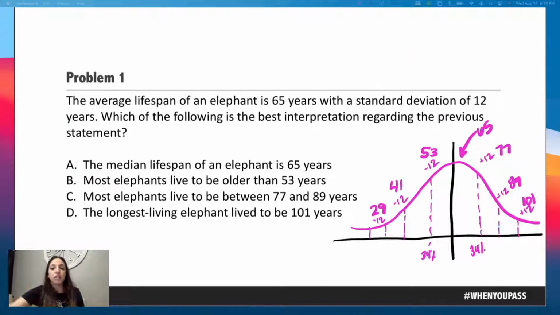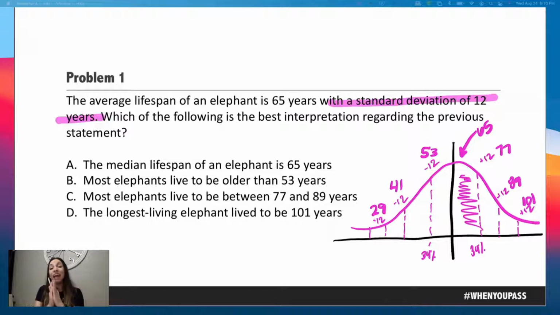So that means I have my average in the middle, and then one standard deviation is 12 years. So 34% of my elephants approximately are going to be between 65 and 77.